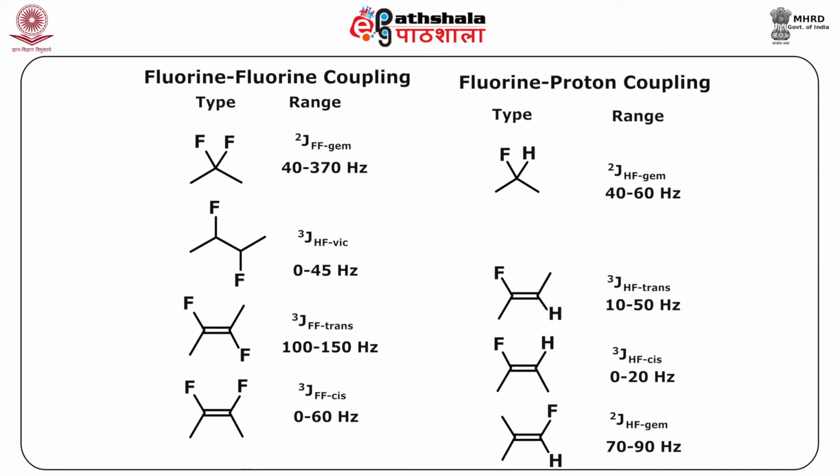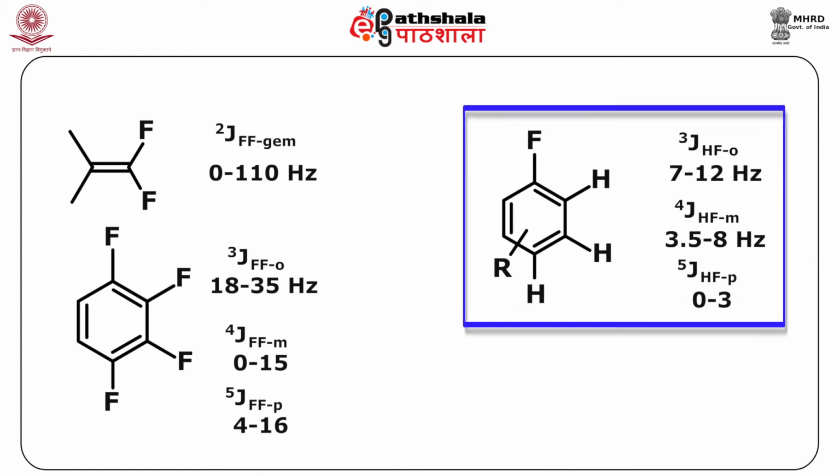Fluorine attached to benzene also couples with protons on the ring. The coupling constant values for ortho, meta and para range from 7 to 12 Hz, 3.5 to 8 Hz and 0 to 3 Hz respectively.